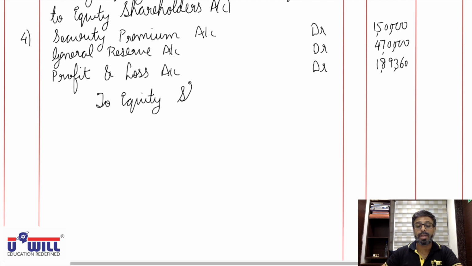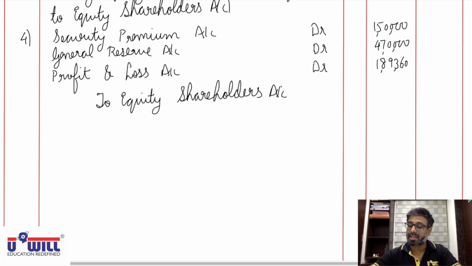So to equity shareholders account with a total of 1,50,000 plus 4,70,000, that is 6,20,000 plus 1,89,360, that is 8,09,360.